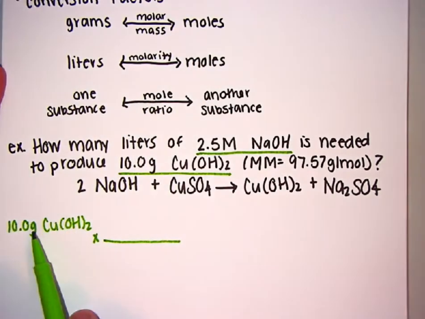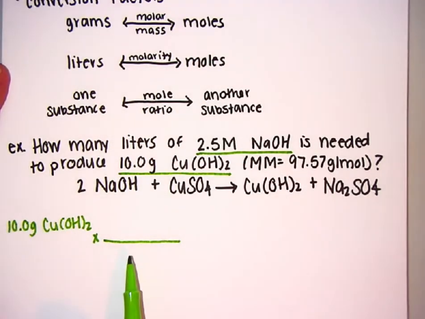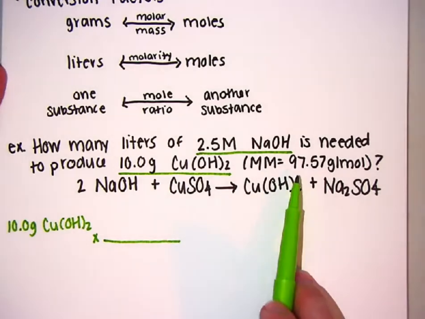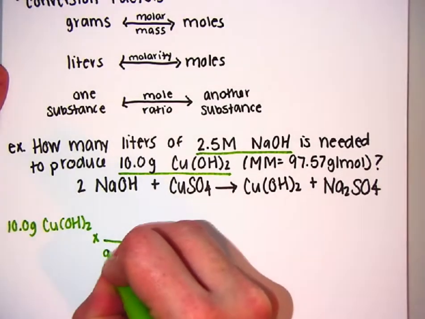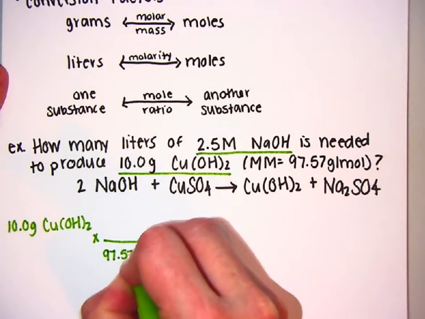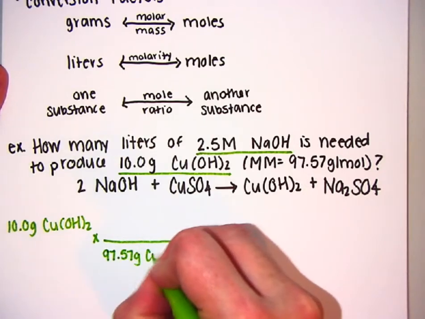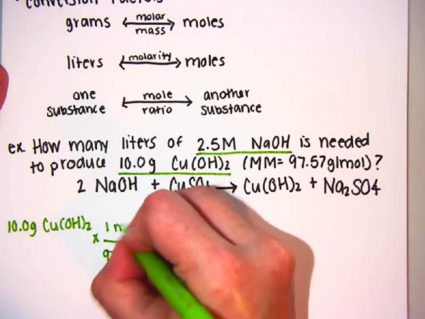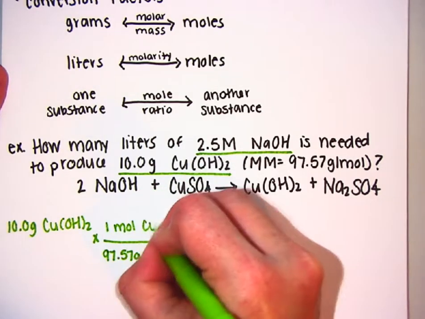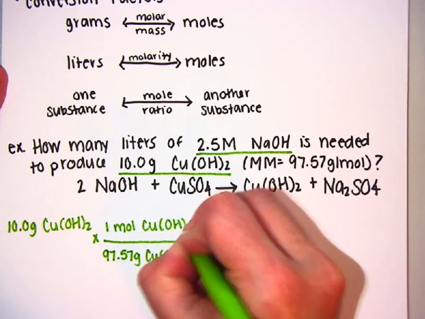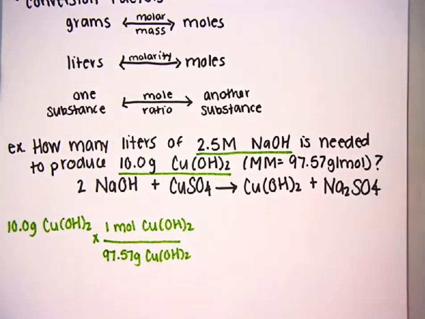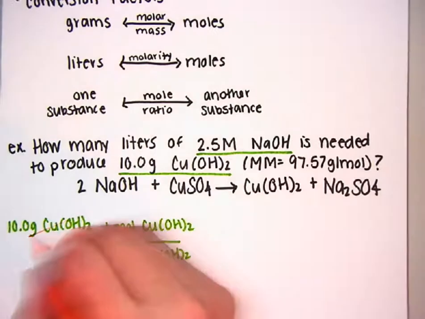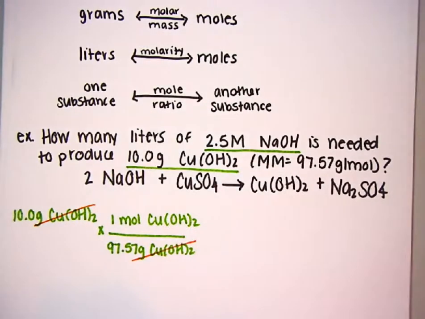I know I need my units to cancel, so grams go in the denominator. The molar mass was given to us in the problem. There are 97.57 grams in every 1 mole of copper 2 hydroxide. Grams divided by grams cancel.